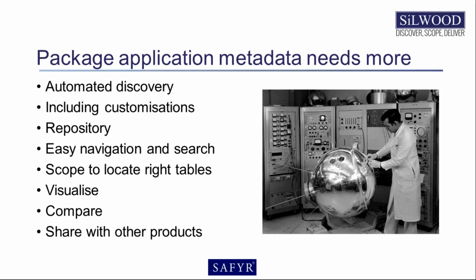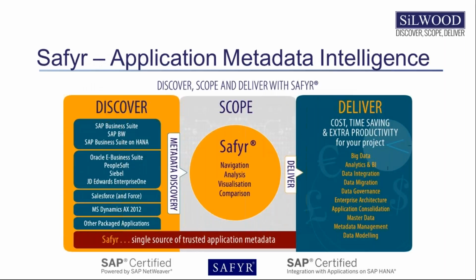Then visualize that in a data model perhaps, and if you have more than one application, compare data models between applications, and then take the results of that scoping and discovery exercise and share it with other products, so you can use that information with other tools and technologies. And that's exactly what Sapphire does.